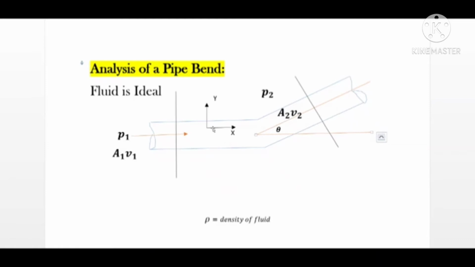Do remember one thing, if you have a pipe whose cross sectional area is not changing before the bend and after the bend, then the pressure and the velocity will remain constant because your velocity is dependent on your area and your pressure is dependent on your velocity. If the area of cross section is the same at these two particular cross sections, then pressure and velocity will also remain the same. However, if the cross sectional area changes, then you have to calculate velocity and pressure accordingly.